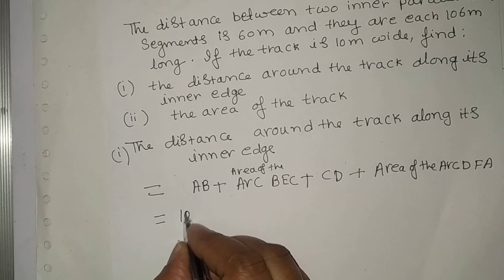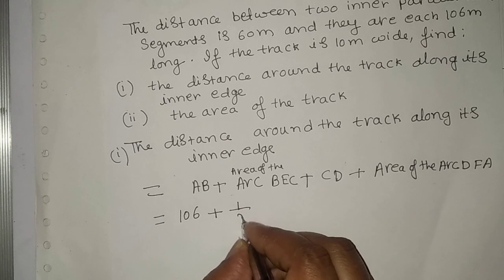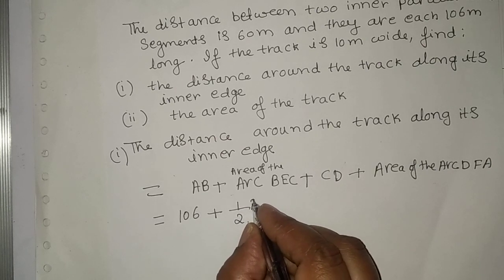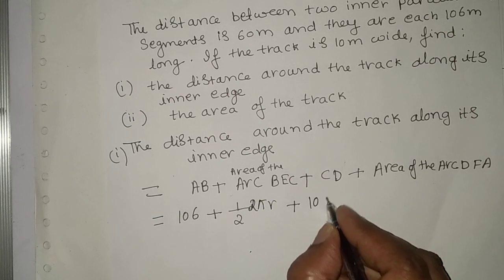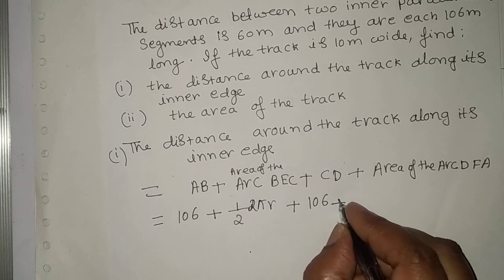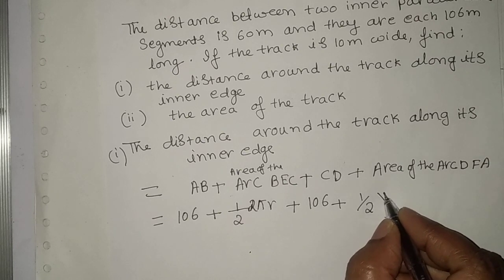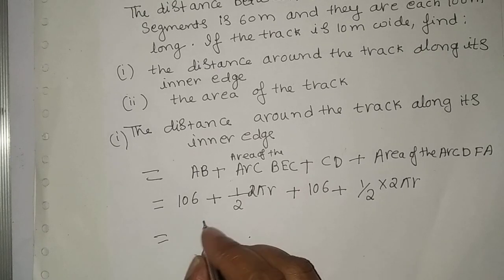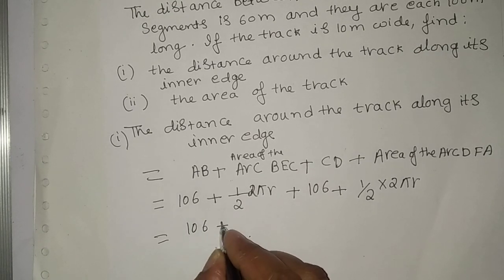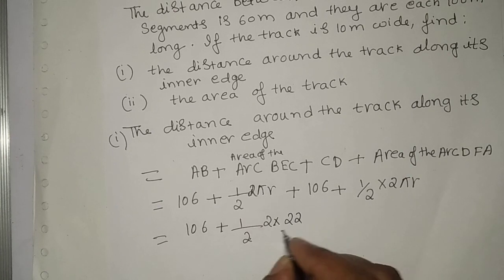So next, what is AB? They have given that it is 106 meters, plus the arc. The formula is half into 2 pi r, plus again CD is given as 106 meters, plus the arc DFA is half into 2 pi r. Finally we will substitute 106 plus half into 2 into 22 by 7.